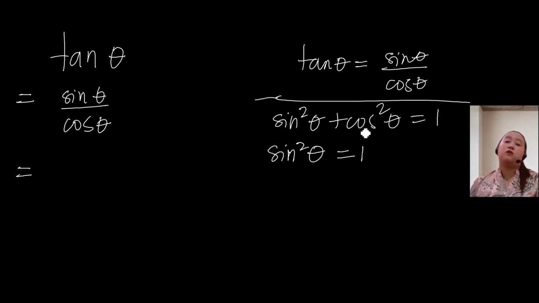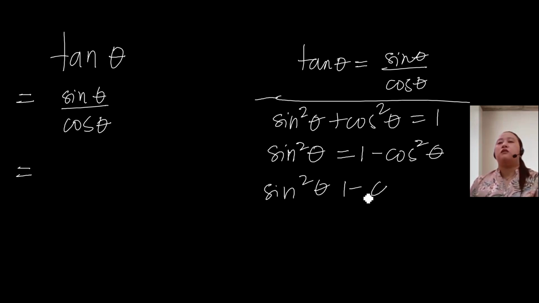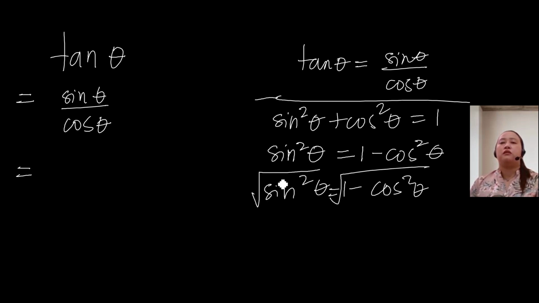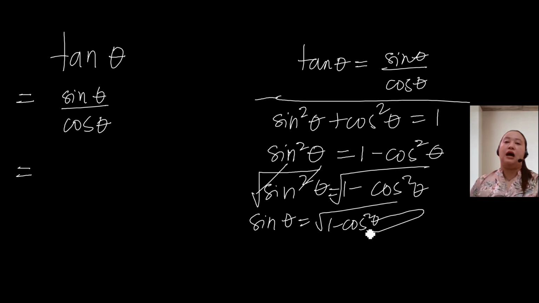You have to transpose cosine squared theta to the other side, so it will become negative cosine squared theta. Remember, you need sine theta only, so you can extract the square root. Extracting the square root, we have sine theta equals the square root of 1 minus cosine squared theta.